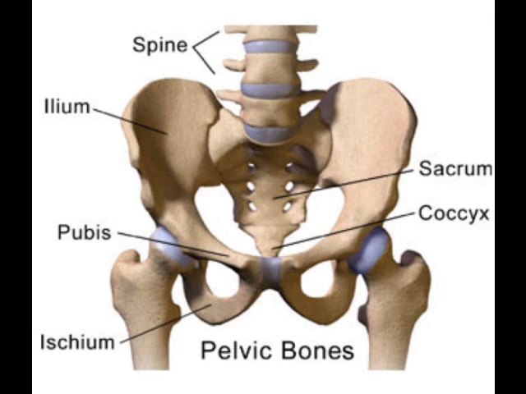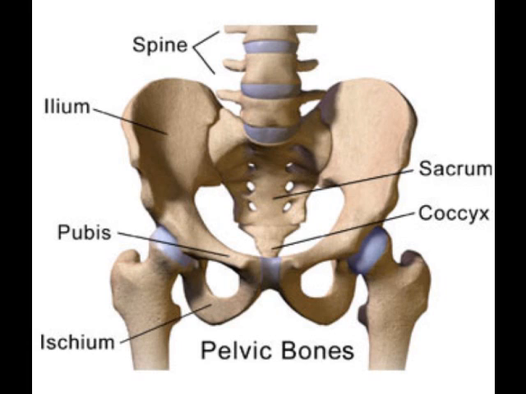That's the left ilium, and on the other side is the right ilium. Where your sacrum and your ilium meet is called the sacroiliac joint. You can see also the coccyx bone near the very bottom of the sacrum. That's also called the tailbone.